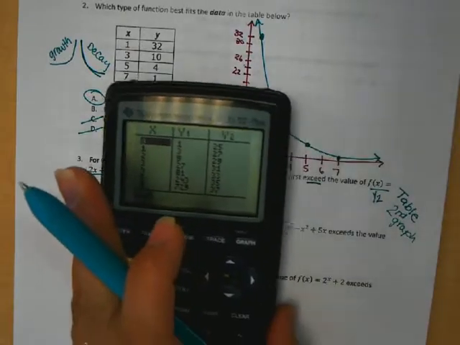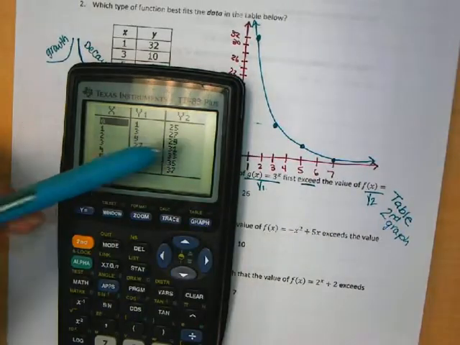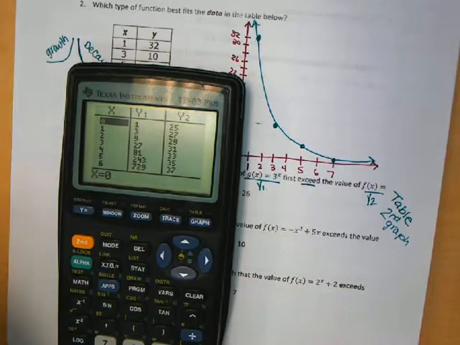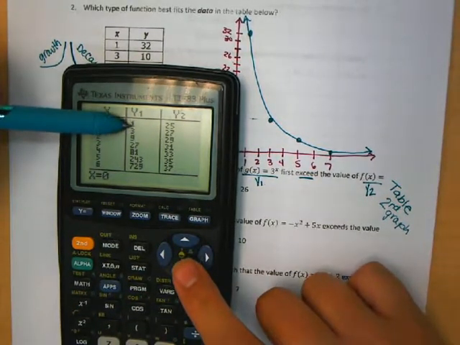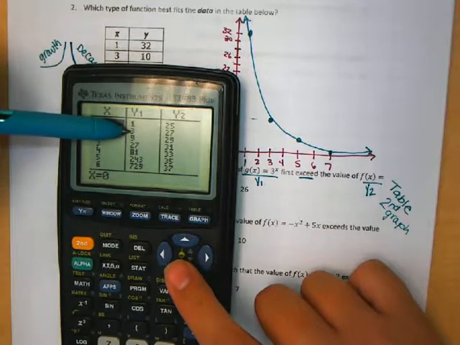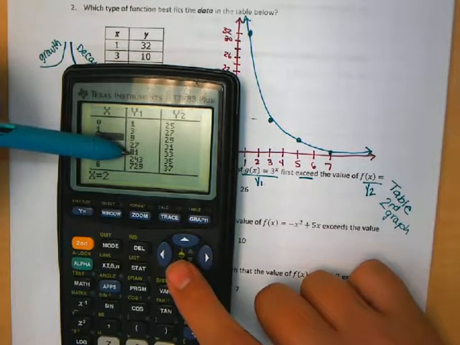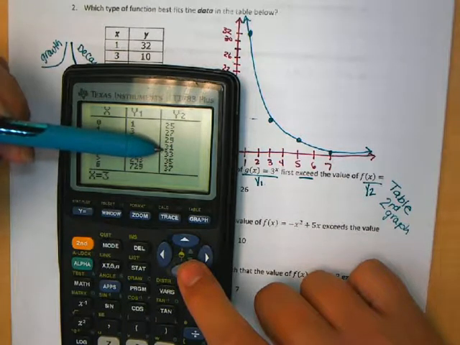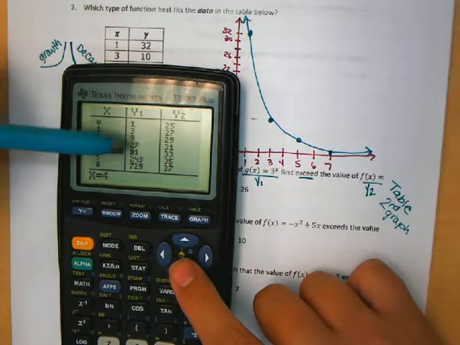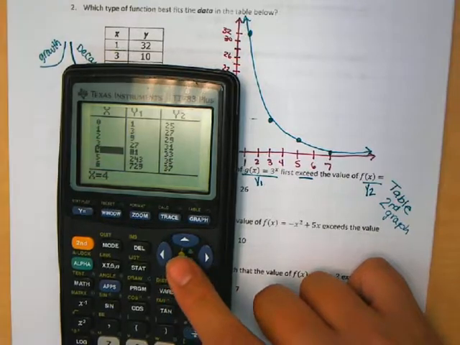So remember, g of x was our y1, f of x was our y2. So I'm going to scroll down until these numbers get bigger than this. So I'm going to keep going down. At 3, I've got 27 and 31, so it's not bigger yet. But at 4, notice I've got 81 and 33.